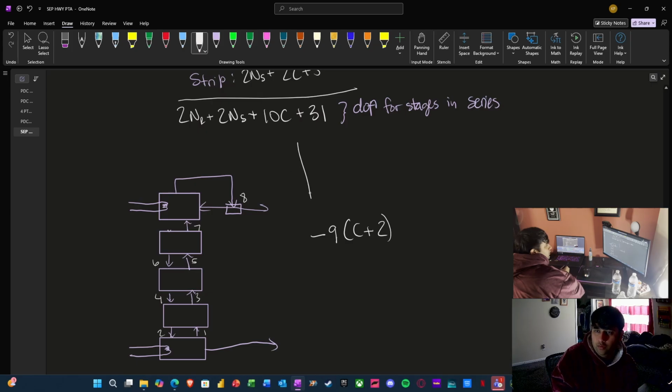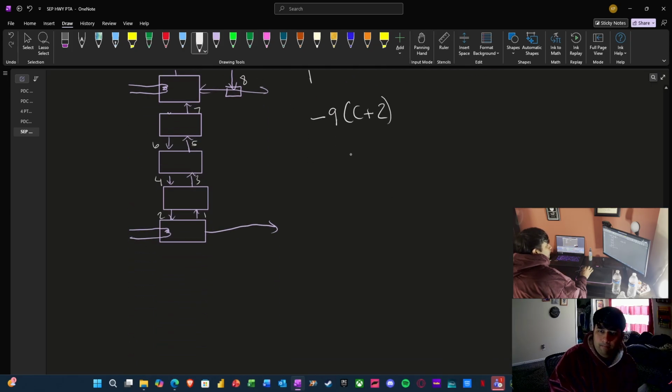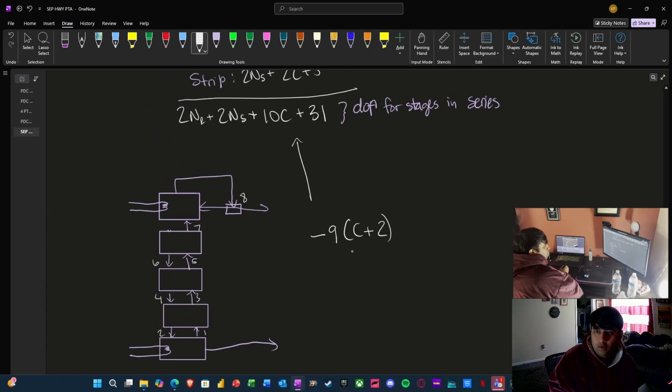And then we're going to find the difference, so subtract by -9C and then 18.